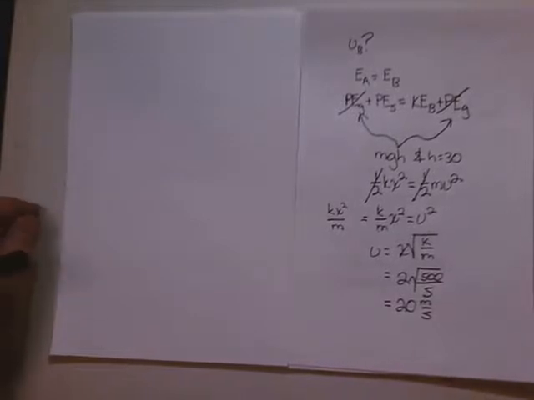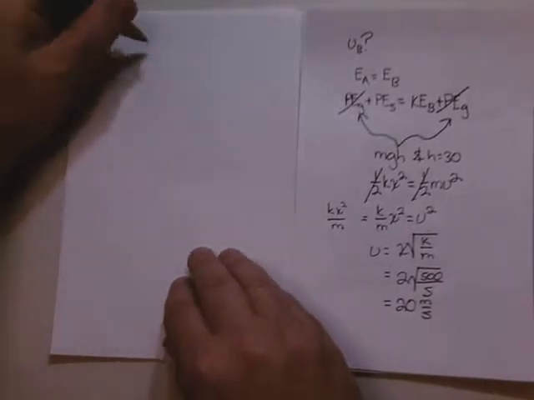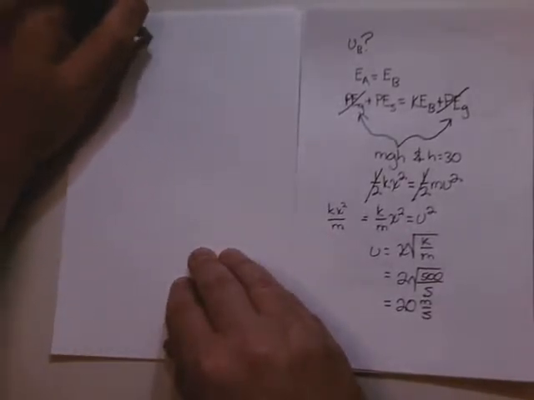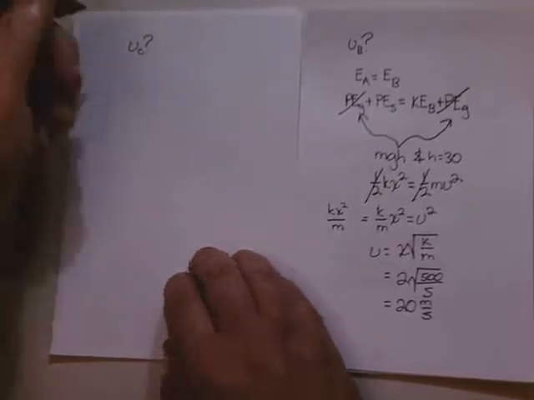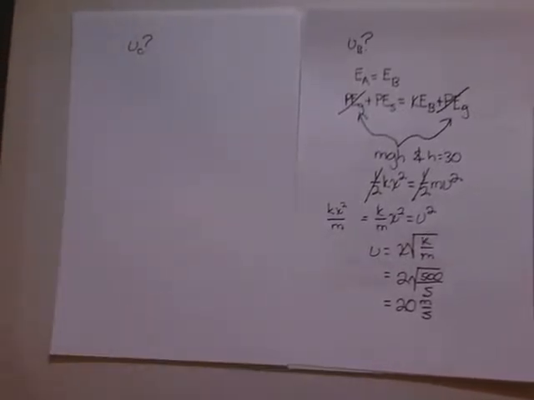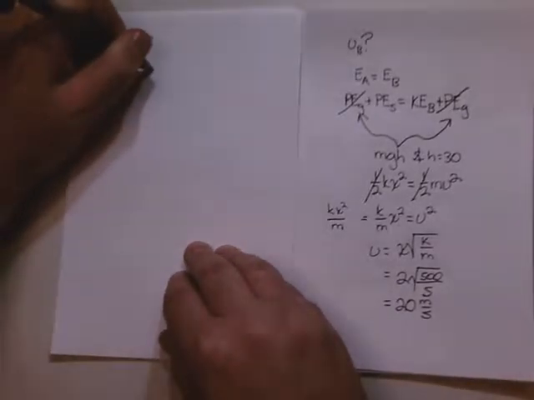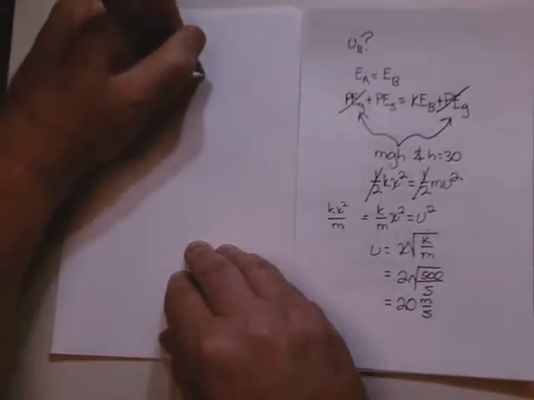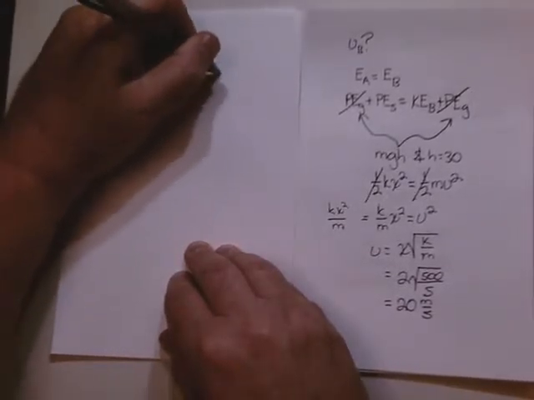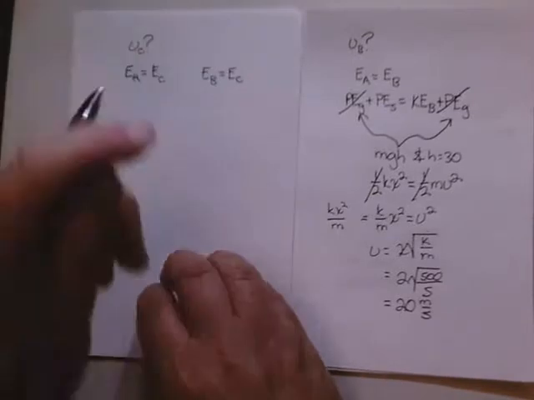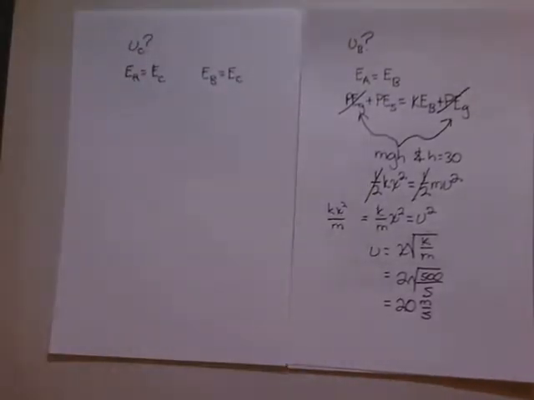Now, what we're going to do is compute the velocity at C. Because there is no friction during this motion, I could either use the energy at A is equal to the energy at C, or the energy at B is equal to the energy at C. Either one would work.